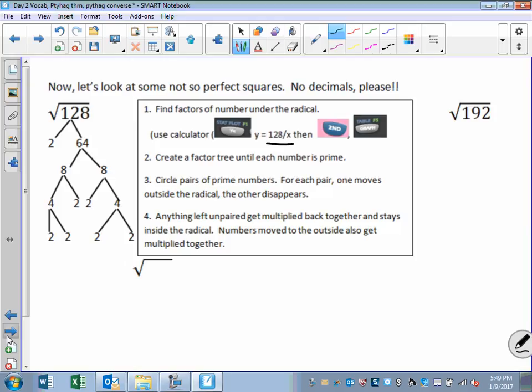So if we were to write this all out, we have 2 times 2 times 2. Okay? And then we have another pair and another pair. So 4 more 2s.